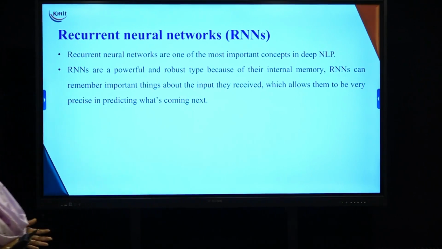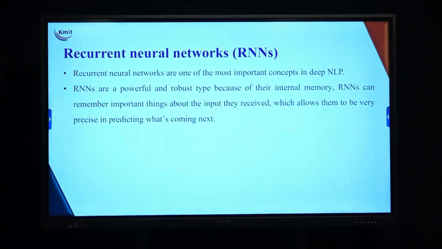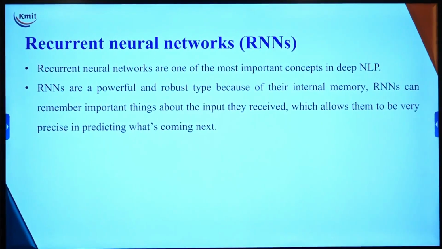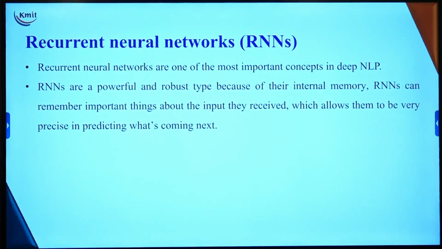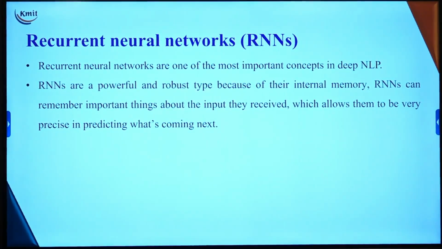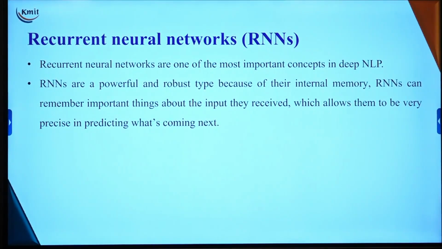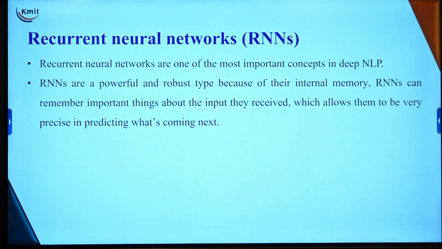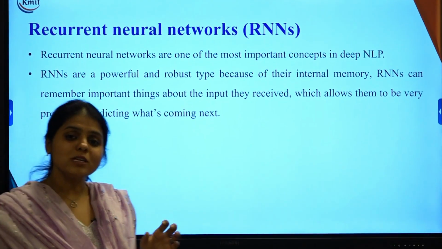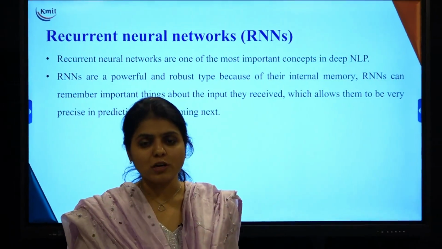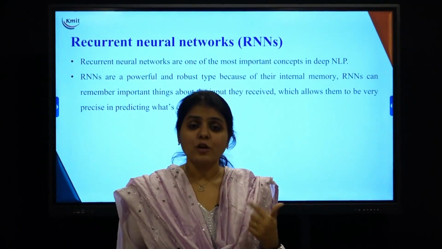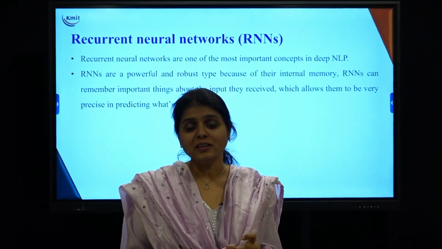Recurrent neural networks are one of the most important neural networks that we use in natural language processing. The most important characteristic of RNNs is that they have internal memory, which makes them powerful. RNNs are the neural network models which have internal memory, which makes them robust and powerful.